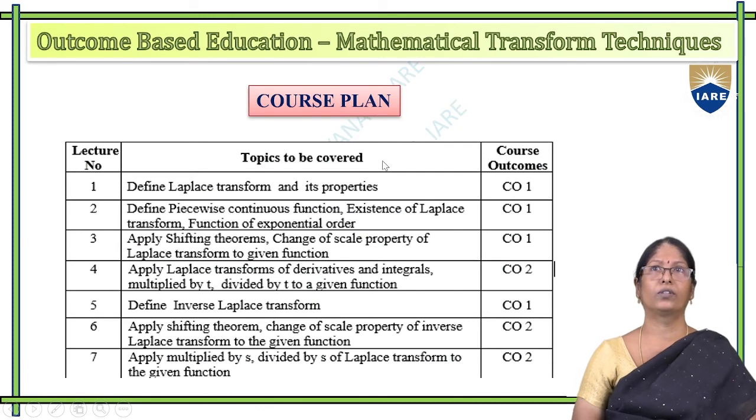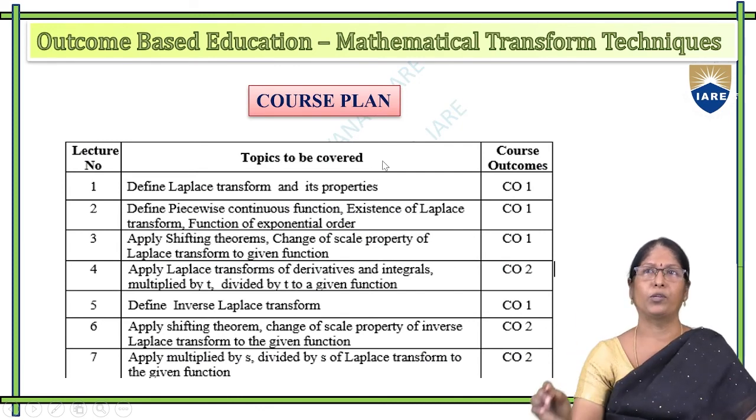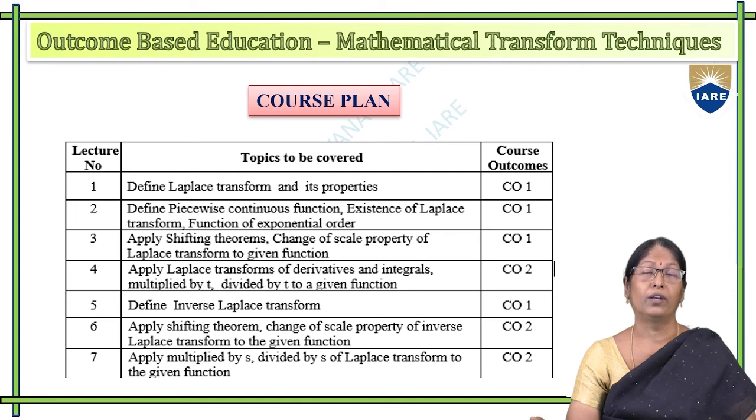Now for this course, mathematical transform techniques, the faculty has 45 classes, and each module is allocated 9 sessions, 9 classes to be taken, for which the preparation is to be done, satisfying our course parameters, the course outcomes for the Laplace transform.